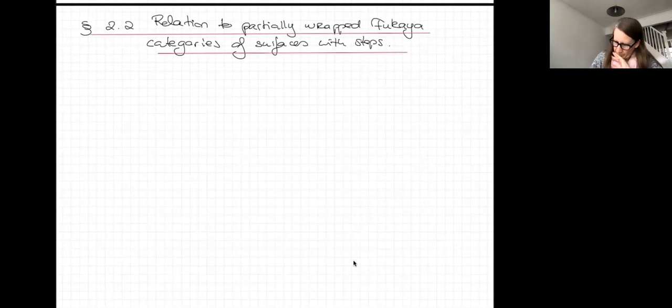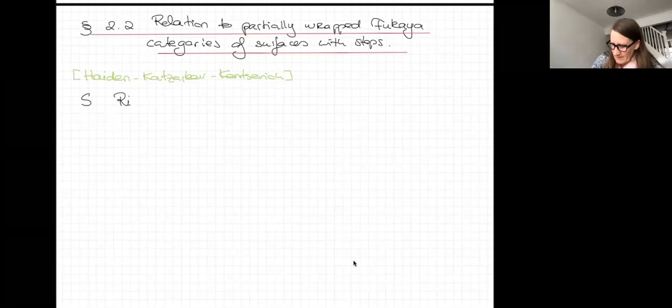Okay, so this is work by Haiden, Katzarkov and Kontsevich. It was on the arXiv in 2014, and they start with a Riemann surface S, but really I think they can just start with a topological surface or with an oriented compact surface with boundary.